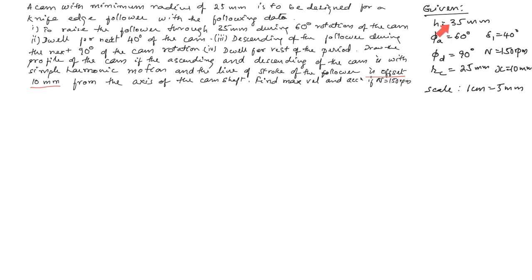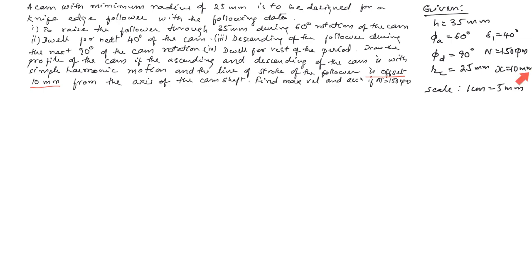So these are the given values: h is equal to 35 mm, phi a, the angle of ascent, is 60 degrees, dwell 1, delta 1, is 40 degrees, angle of descent phi d is 90 degrees, the speed n of the cam is 150 rpm, the minimum or base circle radius Rc is 25 mm, and the offset of the follower, denoted by small letter x, is 10 mm.